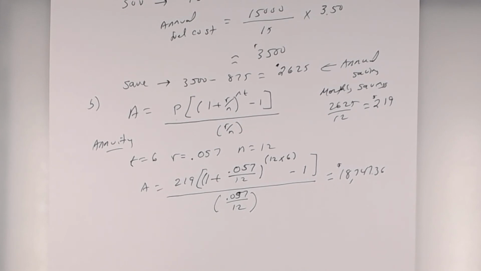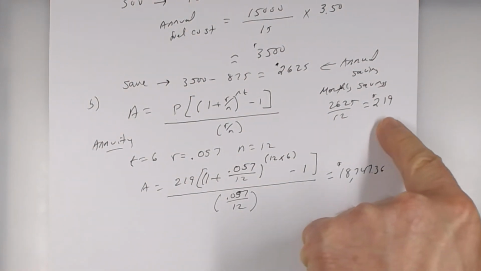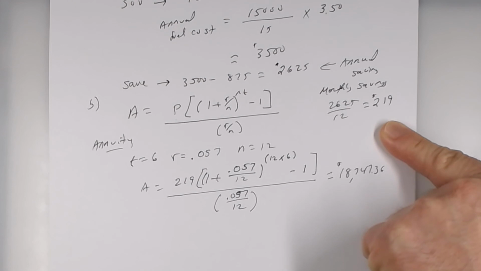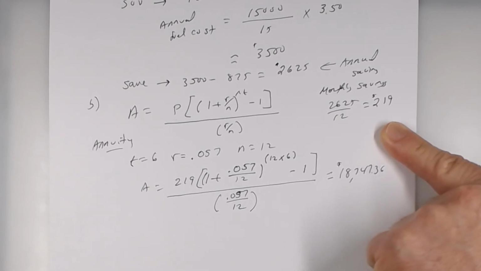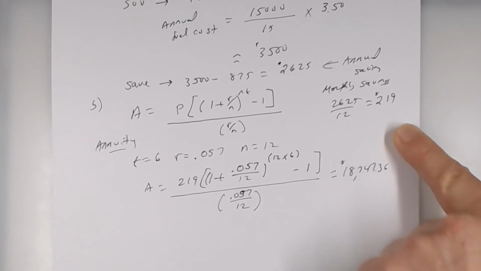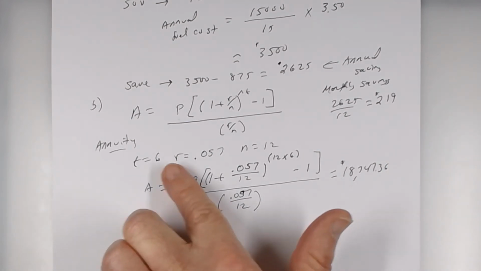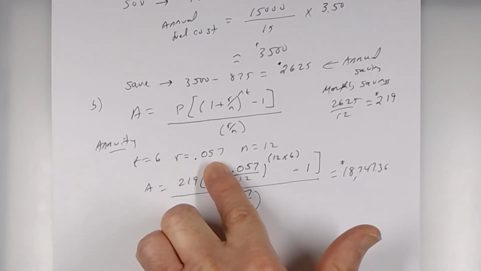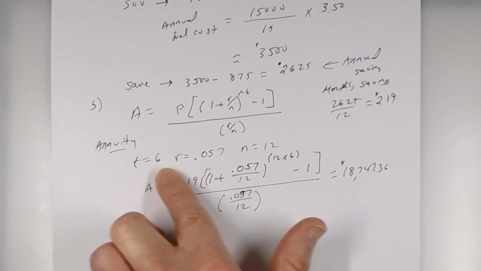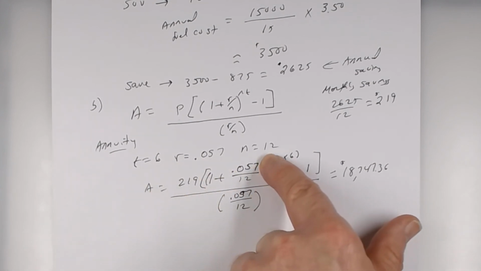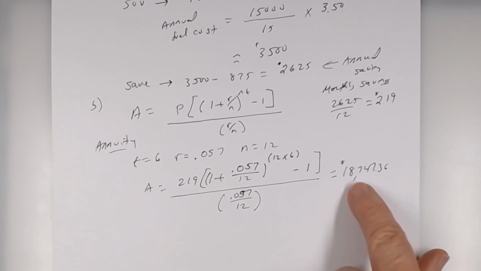Okay, so if I took the amount that I would have saved by going with the hybrid, put in an annuity that pays 5.7% for 6 years, compounded monthly, then this is what I would end up with at the end of that 6-year period.